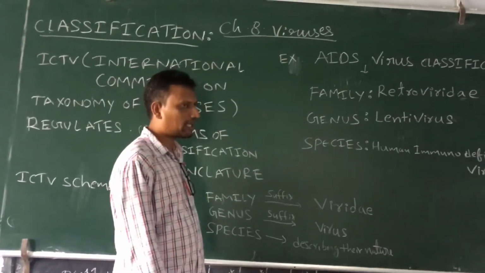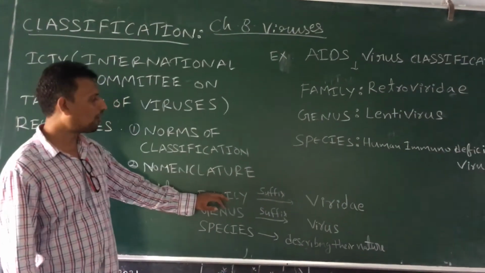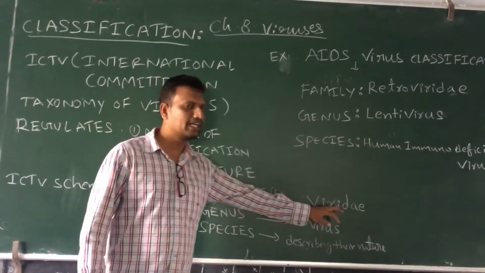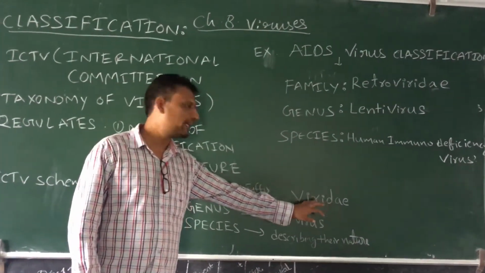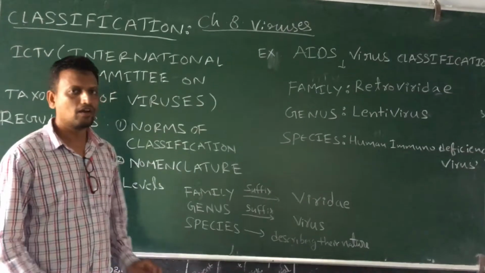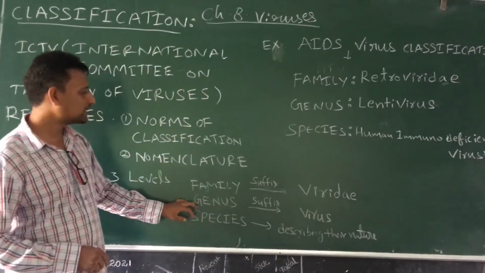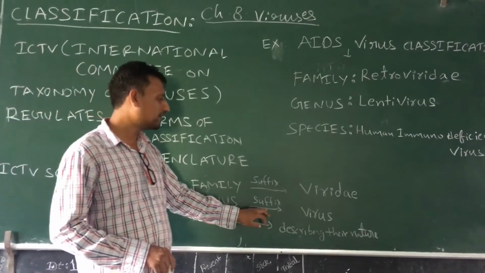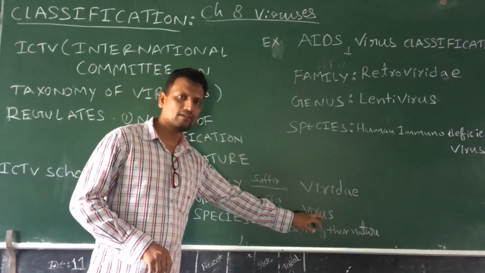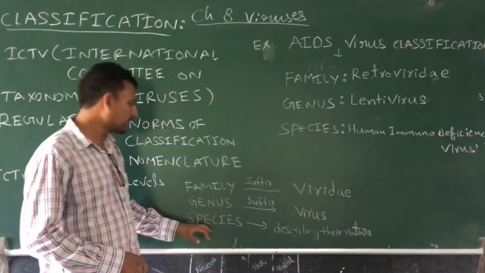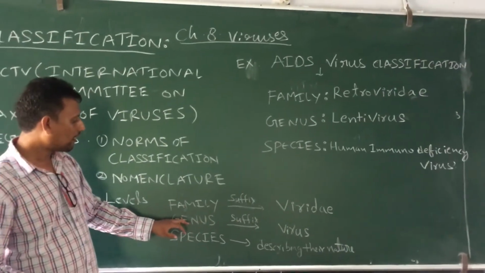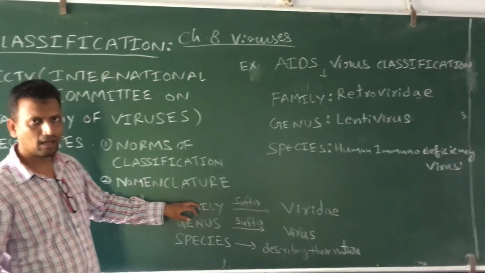In virus classification, the family name always ends with the suffix viridae. Whatever the family name, it must end with viridae. Next, the genus name must end with the suffix virus. So we can easily identify the genus and the family of a virus.